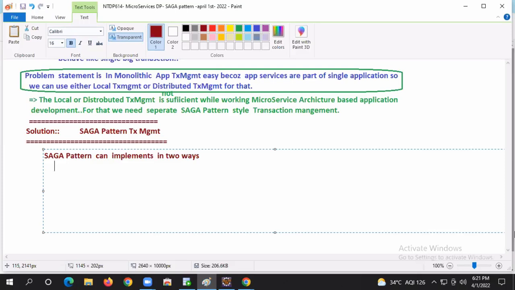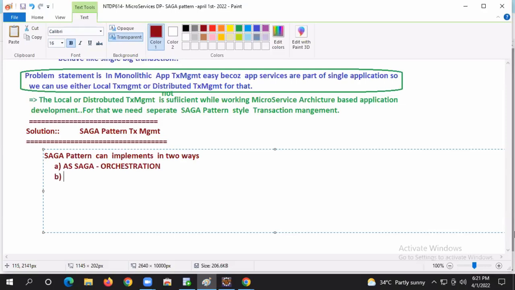Number one, as SAGA orchestration. What is the pronunciation? Orchestration. What is that, guys? Orchestration.